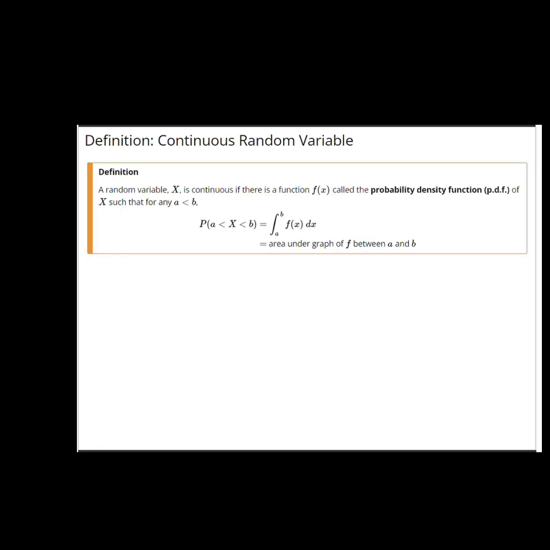In fact, this is embedded in our definition of continuous random variables and continuous distributions. We'll say that a random variable X is continuous if there is a function, little f of x, called the probability density function, which we'll shorten to PDF from time to time, such that for any value a less than b, the probability that X is bigger than a and less than b can be obtained as the integral from a to b of f of x dx, or as the area under the graph of f between the points a and b.